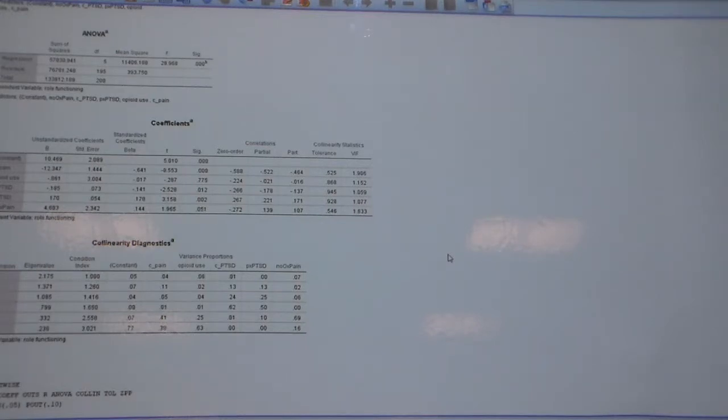What's our conditional effect now? Pain, right? And so if I look at my conditional effect of pain for people who aren't using opiates, it is now 12.347.